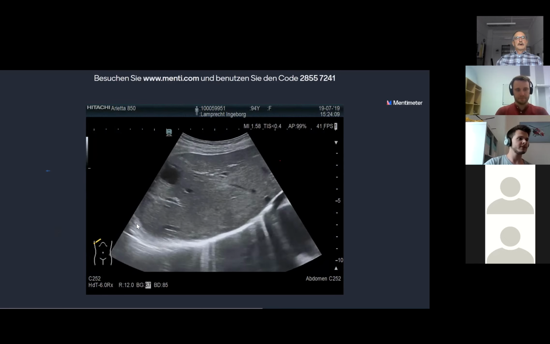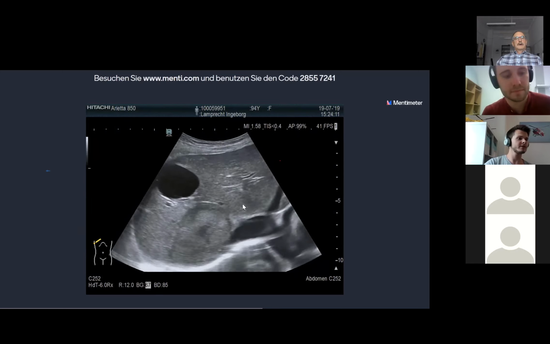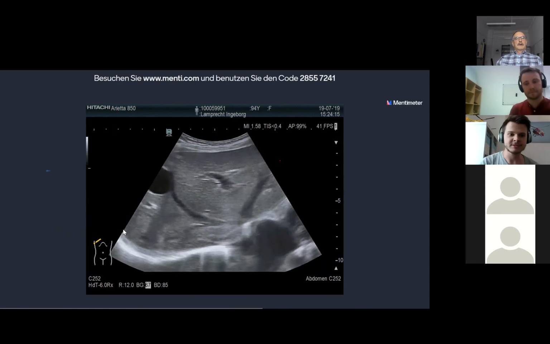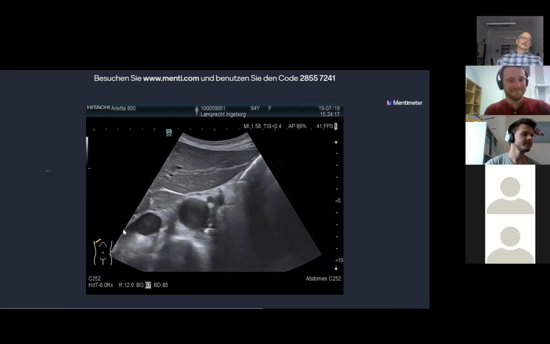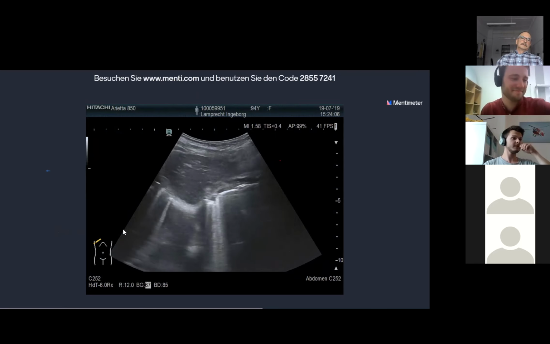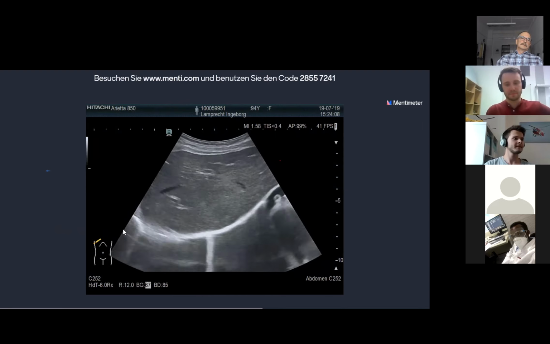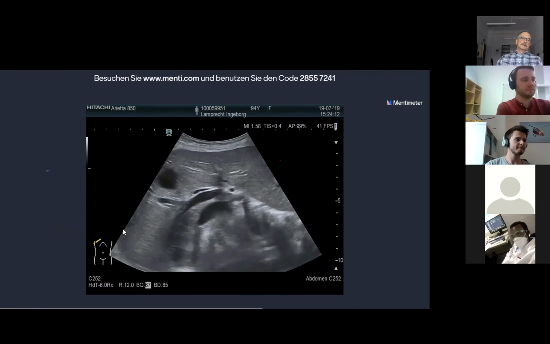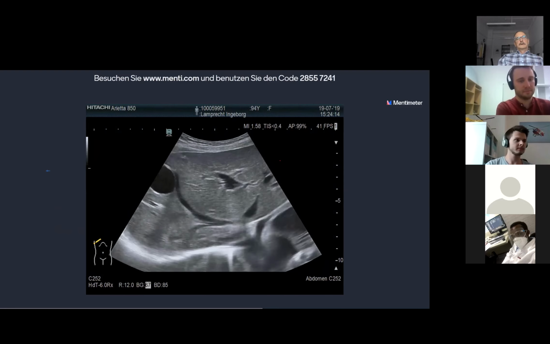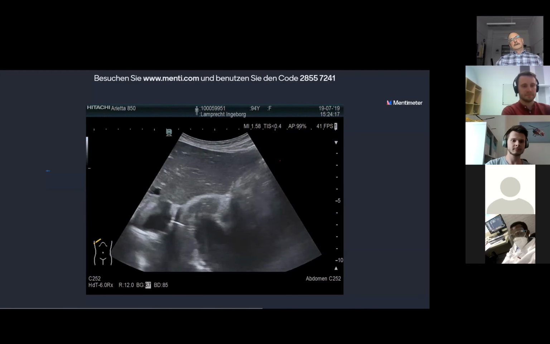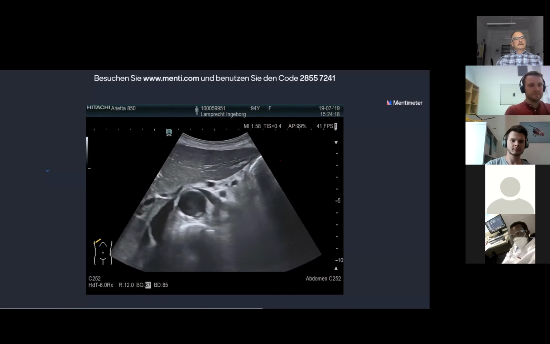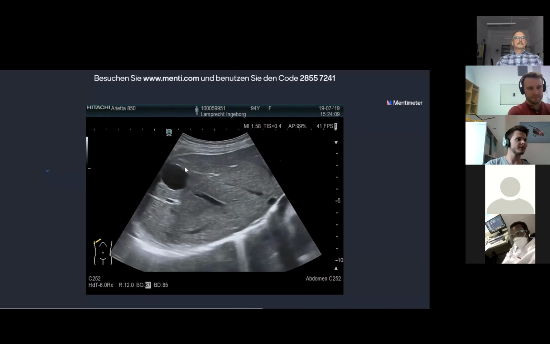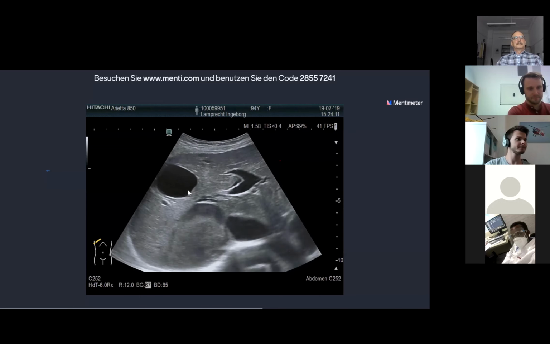So you have two lesions here, what you can also see. And maybe there's also a question about it. The first question will also be about this one here.